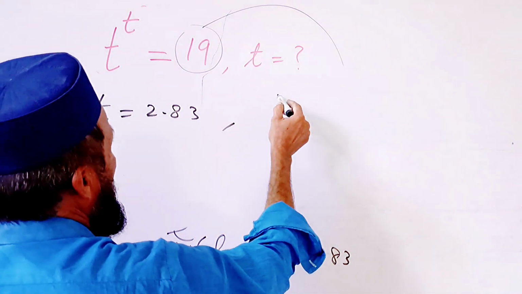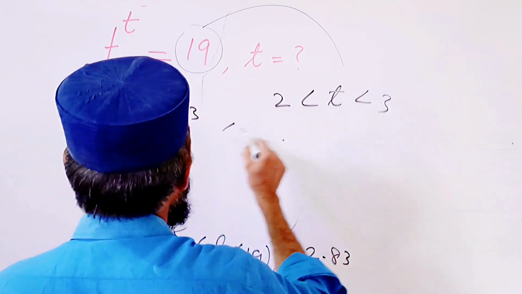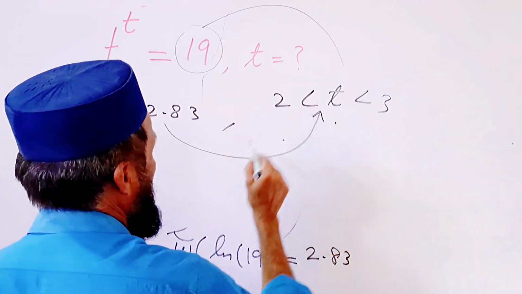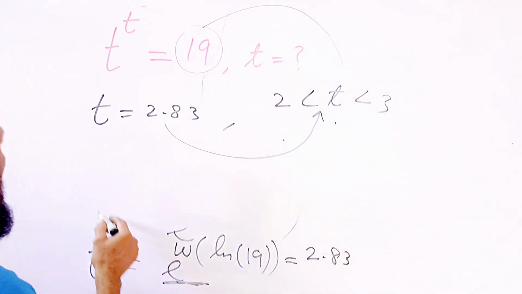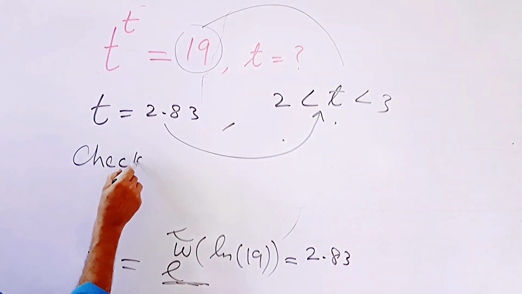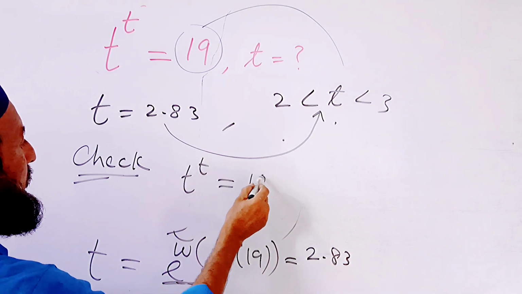We already established that 2 is less than t, which is less than 3. It means that 2.83 lies in this interval, so our answer is correct. Now we also want to check this result. To check it, t to the power t is equal to 19.